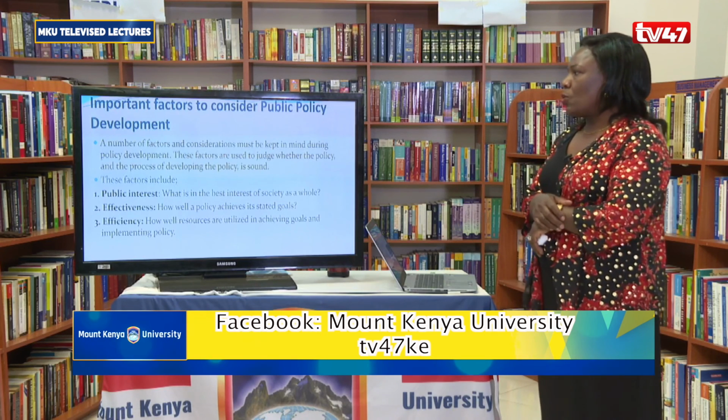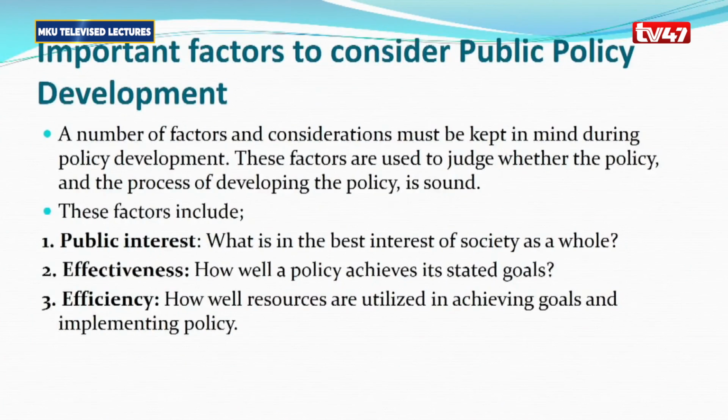Important factors to consider in public policy development. 1, public interest. What I'm saying here, a number of factors and considerations must be kept in mind during policy development, and one of them, public interest. Number 2, effectiveness. Number 3, efficiency. All right, what are those 3? Public interest.